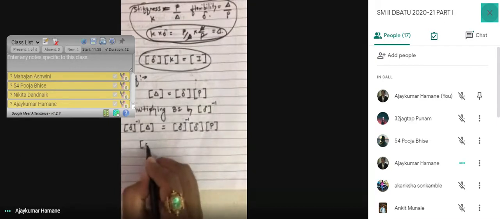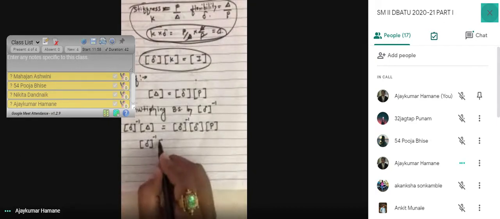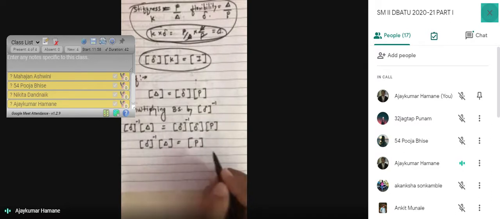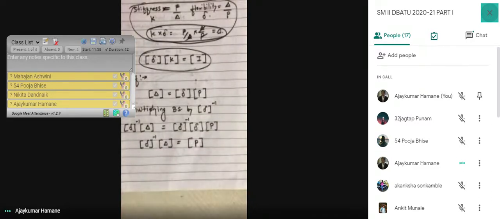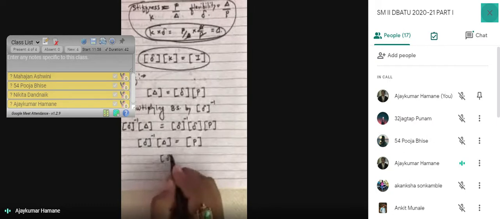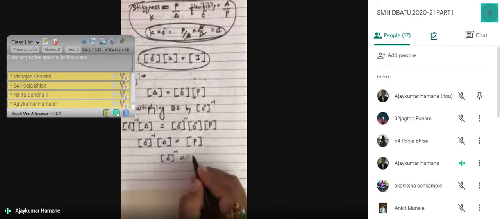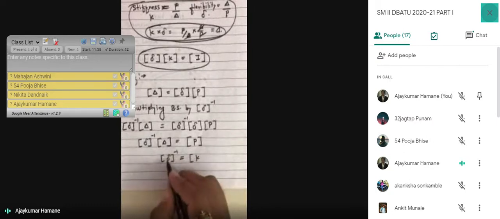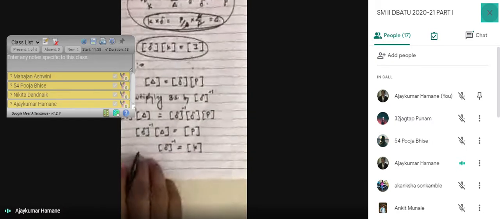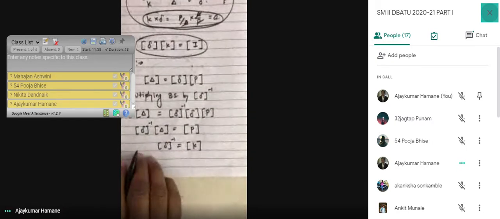So I can write P only. I can write P only. Now we know the inverse of the flexibility matrix must be equal to the stiffness matrix. Correct?